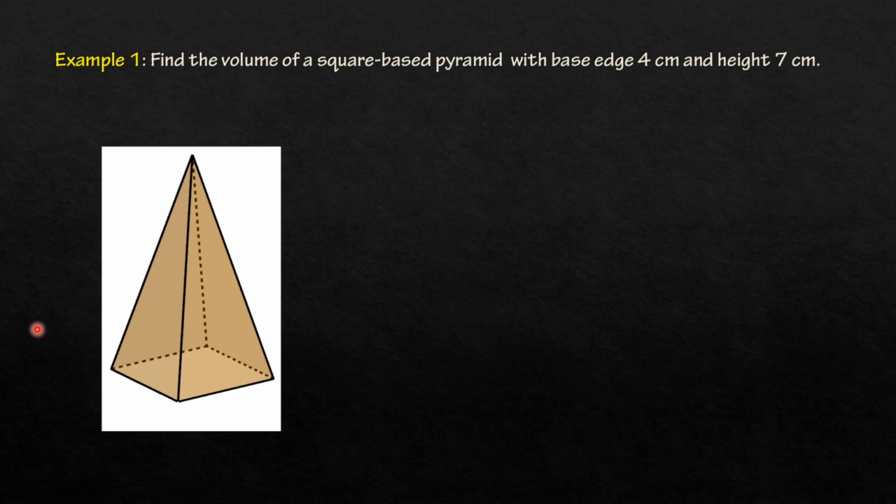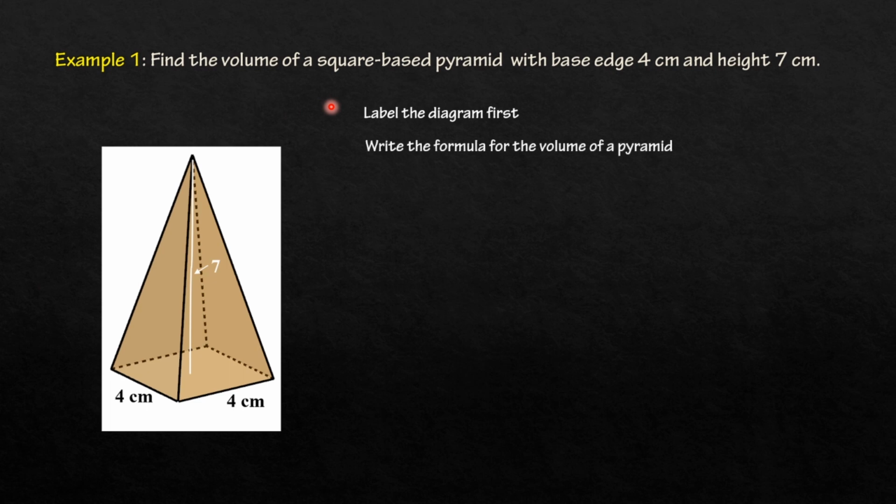Find the volume of a square base pyramid with base edge 4 centimeters and height 7 centimeters. Label the diagram first. As mentioned in the question, the lengths of the base are 4 centimeters each, it's a square base, and the height is 7 centimeters. Write the formula for the volume of a pyramid.